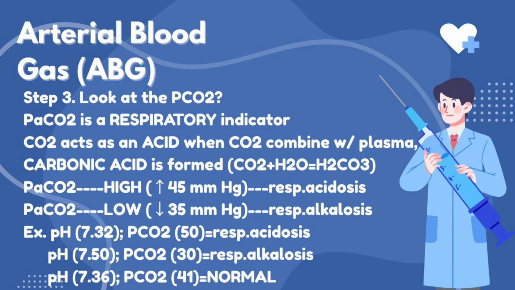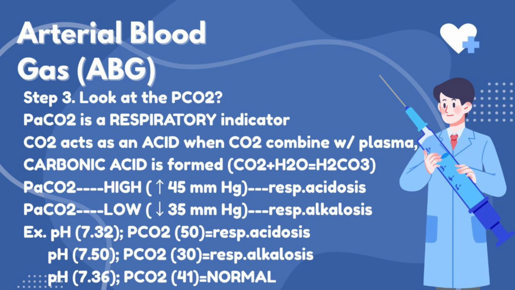Now let's proceed to our step 3. Check the partial pressure of carbon dioxide, or PaCO2. Partial pressure of carbon dioxide reflects the respiratory side. Carbon dioxide acts like an acid in the body. High partial pressure of carbon dioxide means respiratory acidosis.